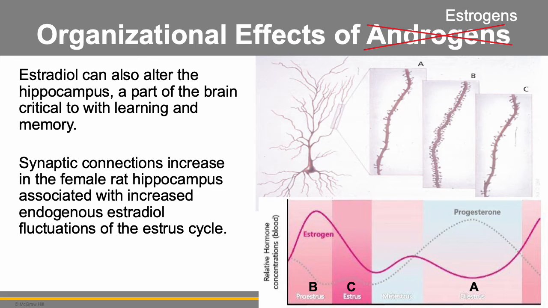But during proestrus, B, which is our middle close-up of the axon, we see a very stark, noticeable increase in the concentration of axon terminals, corresponding to the peak of estradiol concentrations.